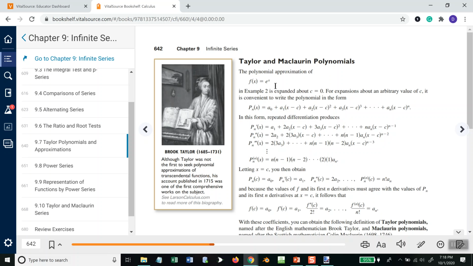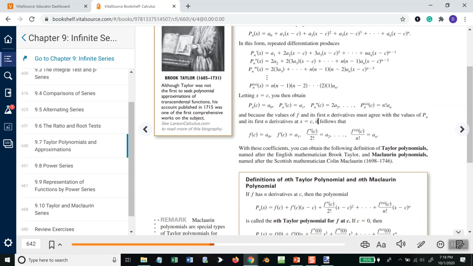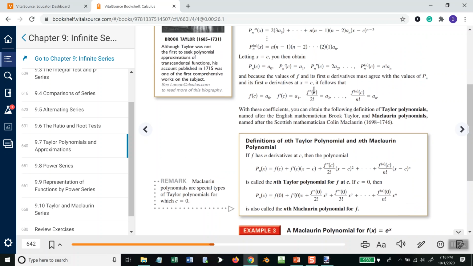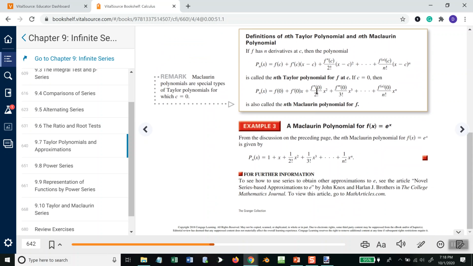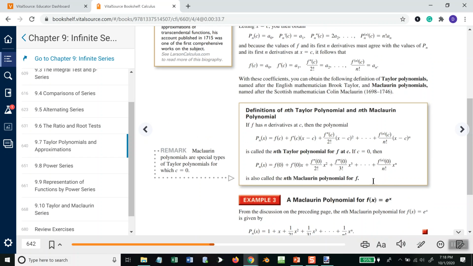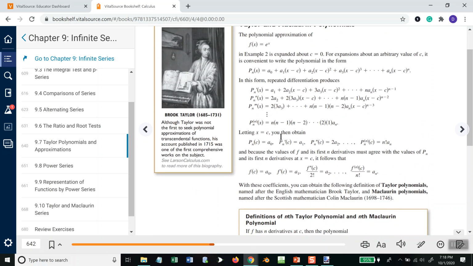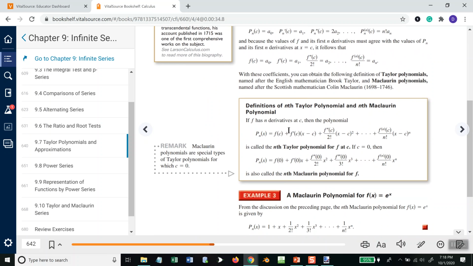So again, we're trying to take something that's maybe not that easy to work with and change it to just x minus something to a power with coefficients. Doesn't really say why, but if I remember right, it's in differential equations where you see it.